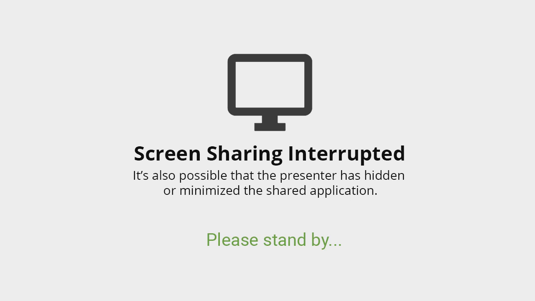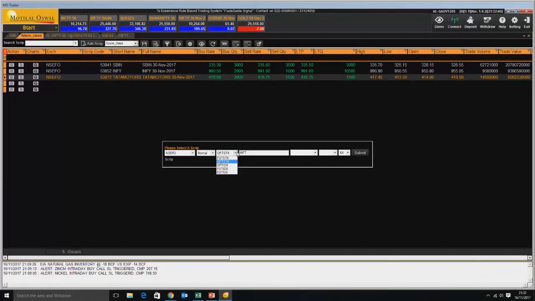I select the option index, Nifty, and I'm interested in the current month.